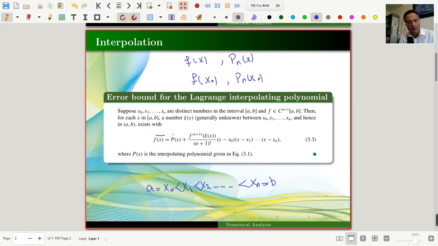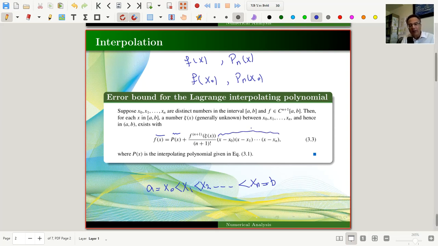This is the interpolating polynomial, plus this term. What's this term? This term is exactly the error of P(x). This is the derivative of order n+1 at ξ(x) over (n+1) factorial, times this multiplication, in fact.